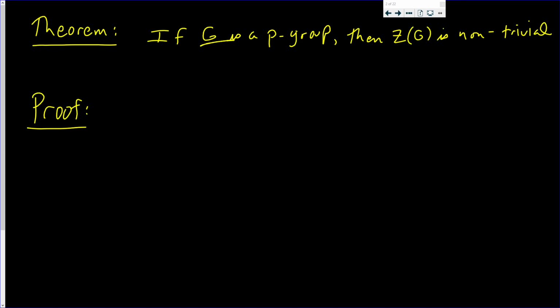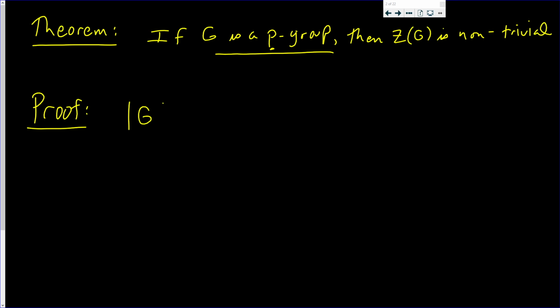Now, what does it mean for G to be a p-group? All it means is that the order of G is p to some power, and p is prime. Okay, so now let's look at the class equation.